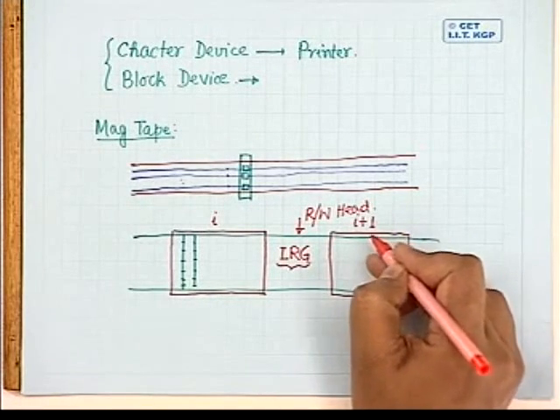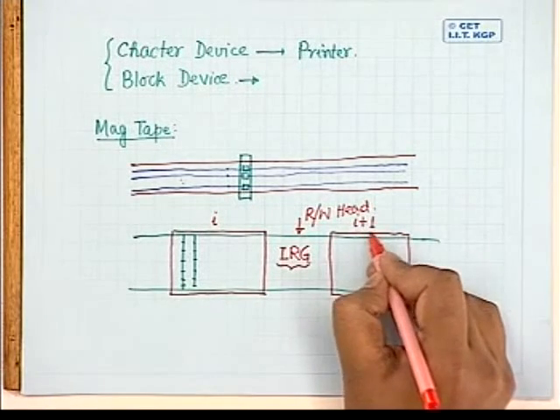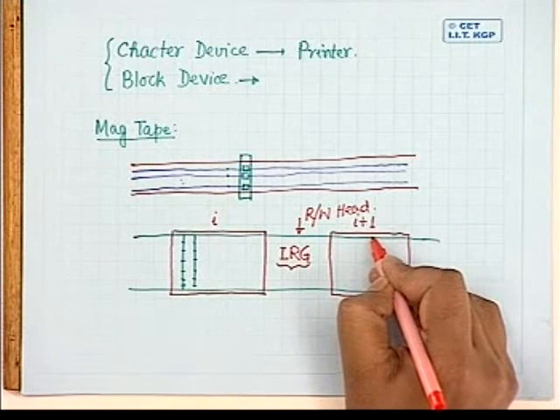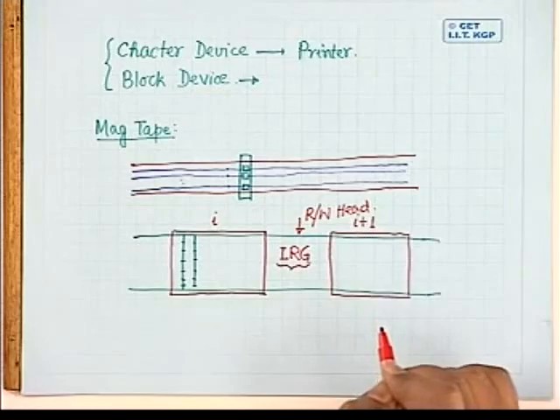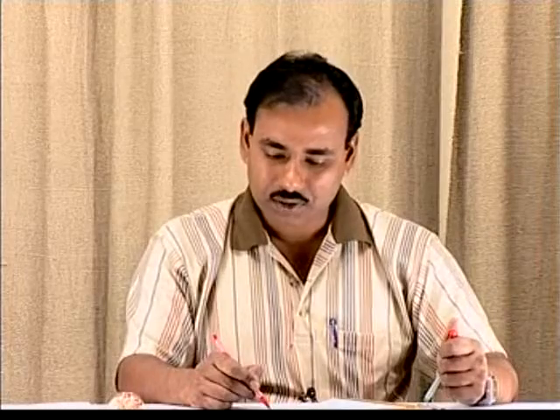Next time, if I want to read the I plus first record, I cannot start reading immediately, because the first byte of the I plus first record is not available below the read-write head, or I am not giving any time for the driving mechanism to attain the constant speed before the first record of the I plus first record comes below the read-write head. Okay, so a lot of time will be wasted.